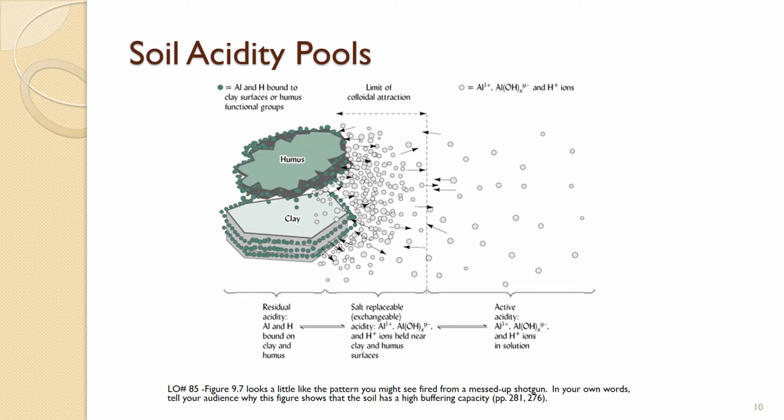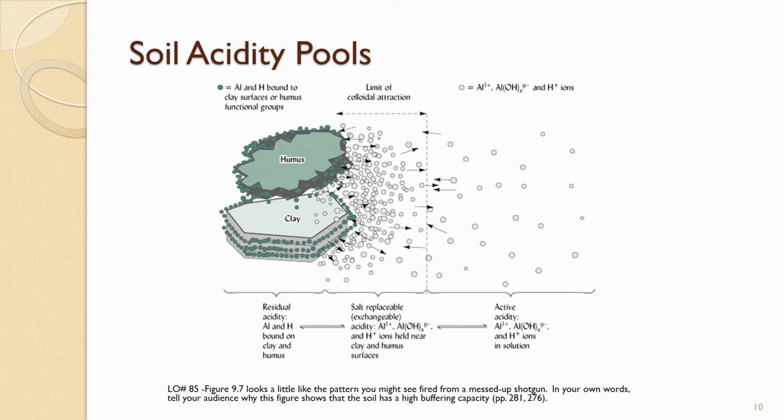And then we have our salt replaceable pool, which is on the exchangeable area. Okay, so this is like cash in your pocket. We have a variety of ions held near the clay and humus surfaces, and they're a little more easy to spend because, again, oh, sorry, not cash in your pocket. This is your checking account. They're a little more easy to spend. You can withdraw as you need, but hopefully you don't overdraw.